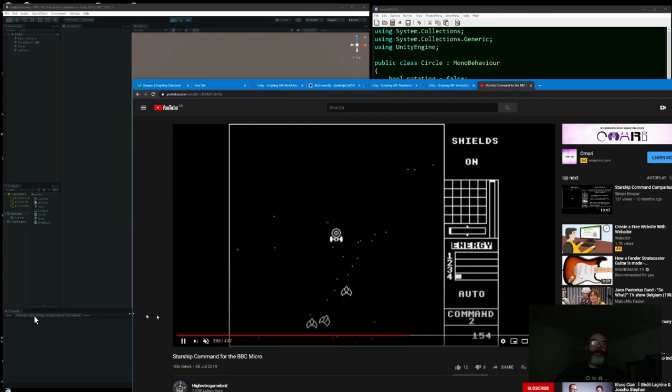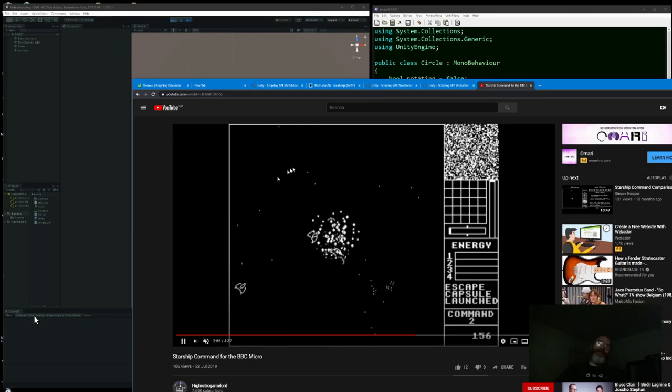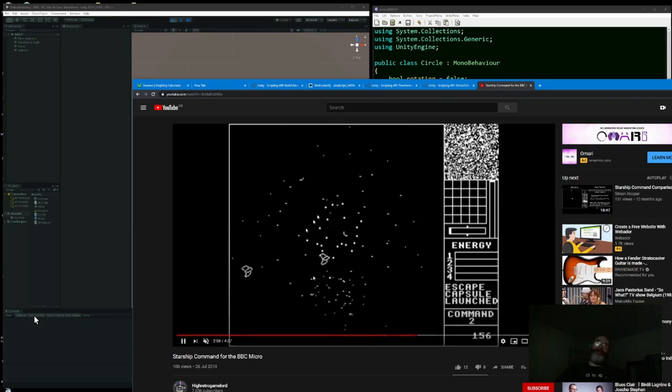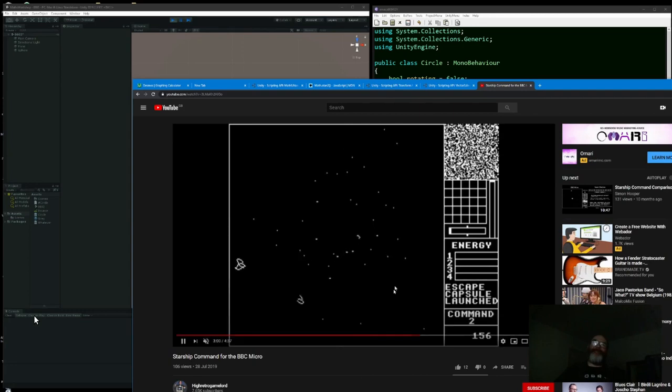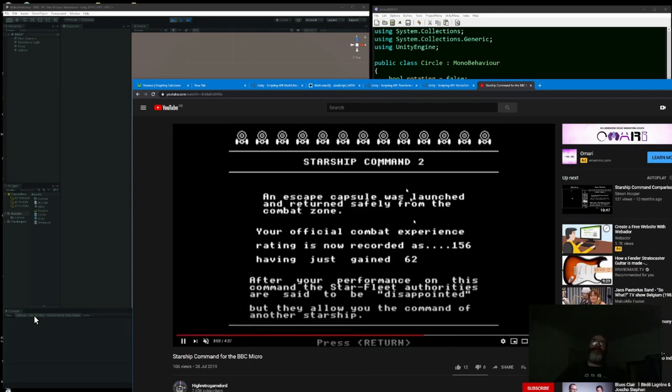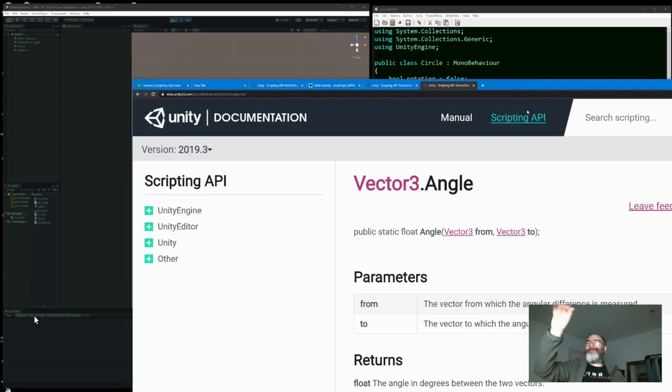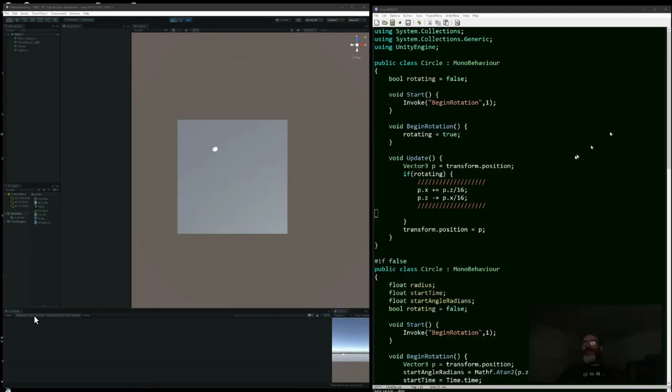So anyway, at least you might have some idea now how to make these things actually rotate fast like that. Look at that. And it also had that thing sparkling away.